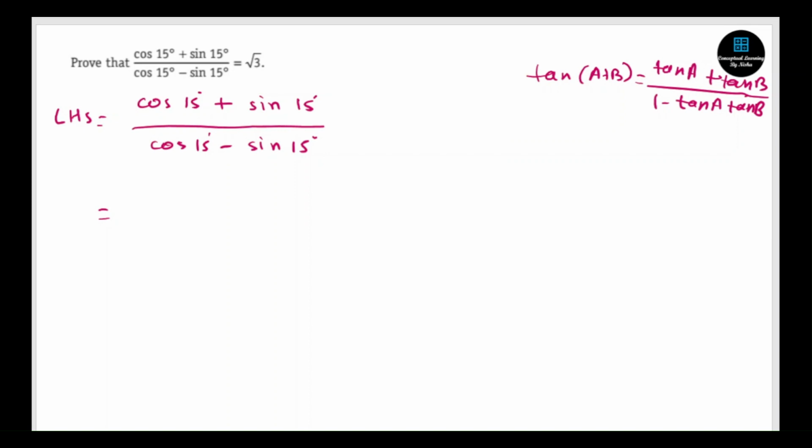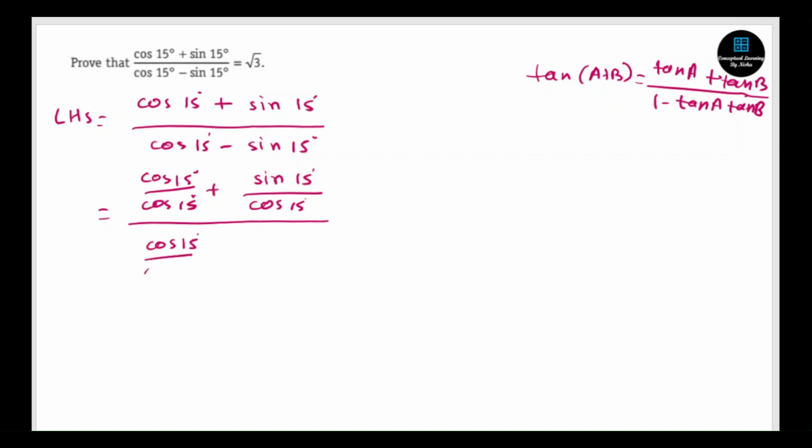Now when I divide all of them by cos 15, I can convert that into tan, correct? So what I'll get: cos 15 upon cos 15 plus sin 15 upon cos 15, and then cos 15 upon cos 15 minus sin 15 upon cos 15.